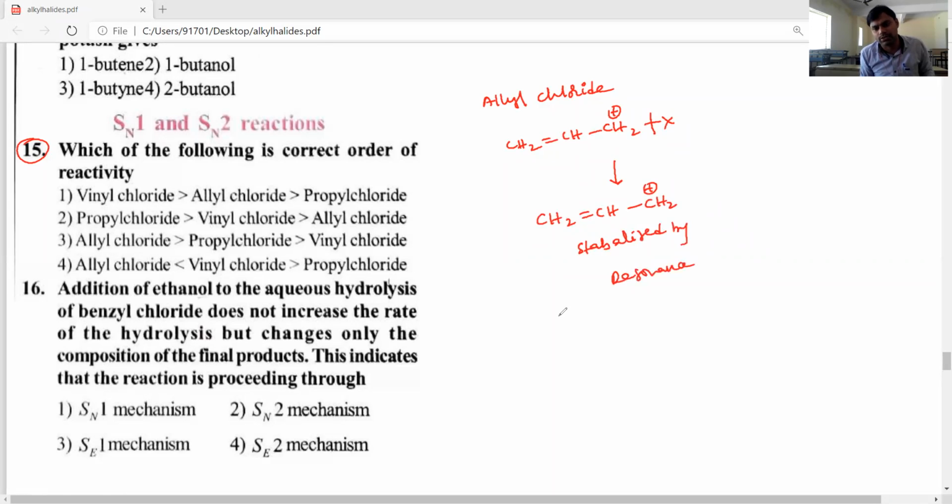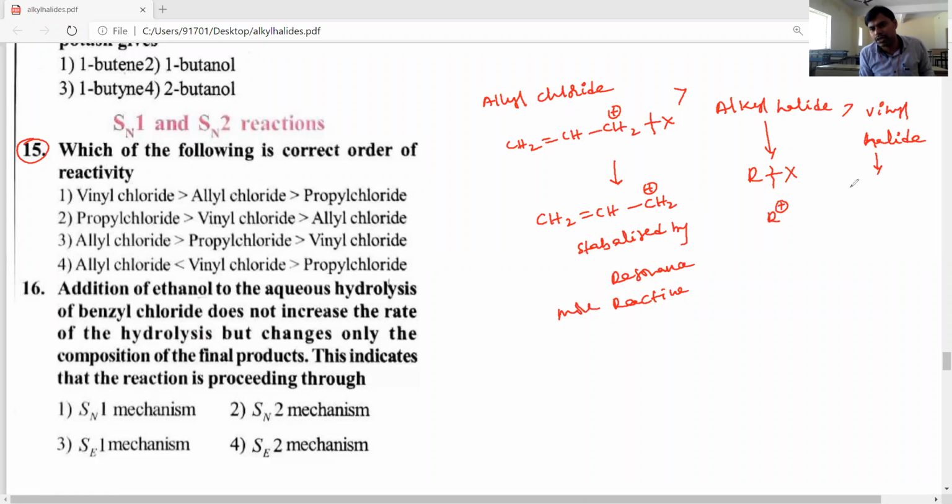That's why it is more reactive than alkyl halides, and then vinyl halide. Alkyl halide means RX, which gives an R+ carbocation.